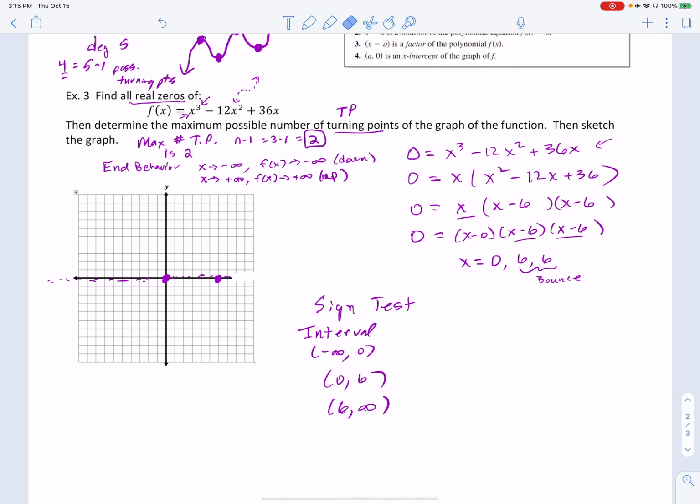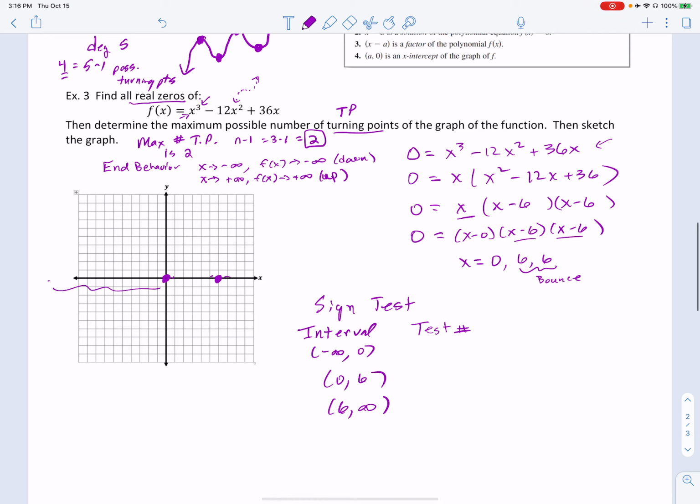So just split up and name the intervals between the zeros. Now I'm going to go ahead and erase the dots in here because I don't really want those in there. What I'm going to do is test the sign of the function in each of these intervals. I'm going to choose a test number that is inside the interval. It can't be the endpoints, not 0 or negative infinity or 6.